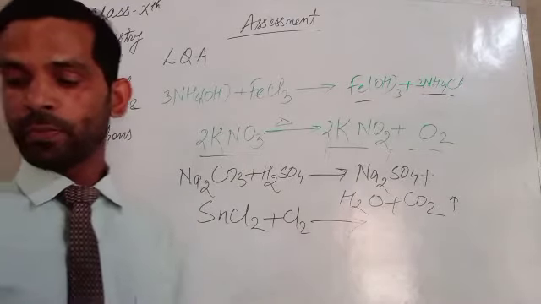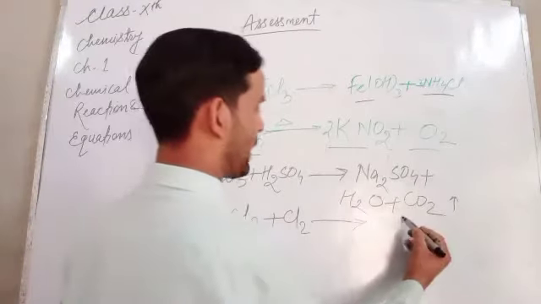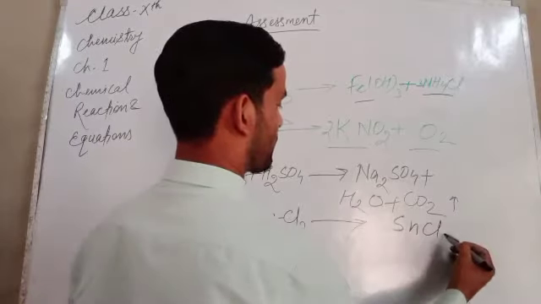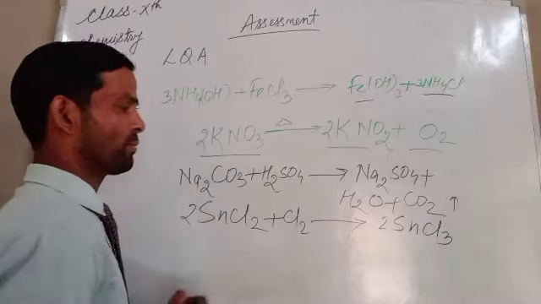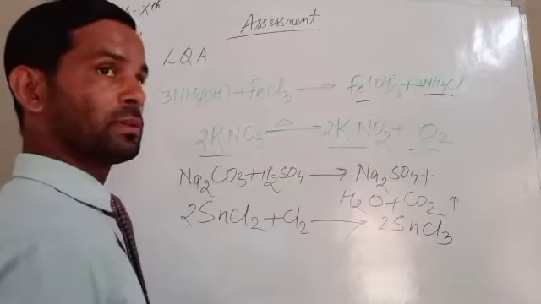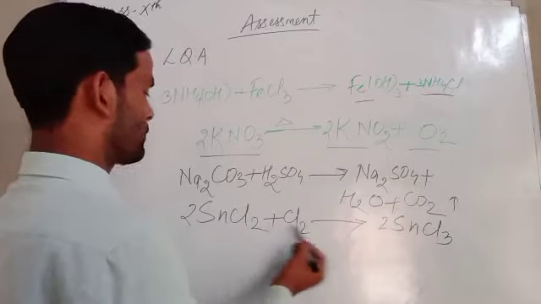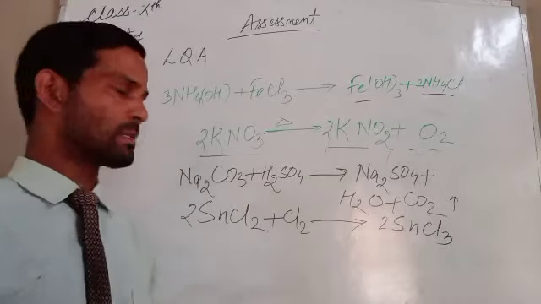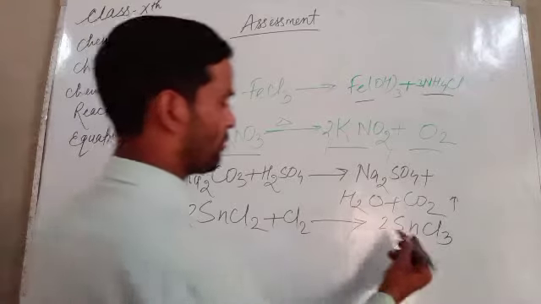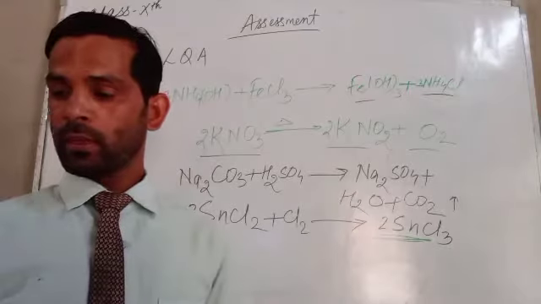SnCl2 combines with chlorine to form stannic chloride, SnCl4. So 2 SnCl4... stannic chloride is formed.